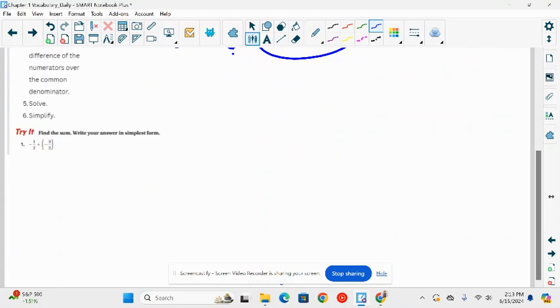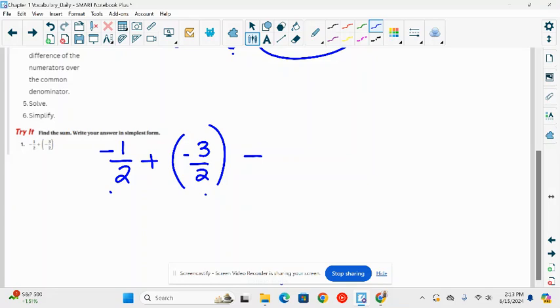All right, try it. We have negative 1/2 plus negative 3/2. In terms of fractions, can we do this? Yes. Why? Because they're both negative. They both have the same denominator, so we don't have to worry about changing the denominators. We have a negative and a negative, which means what are we going to do?